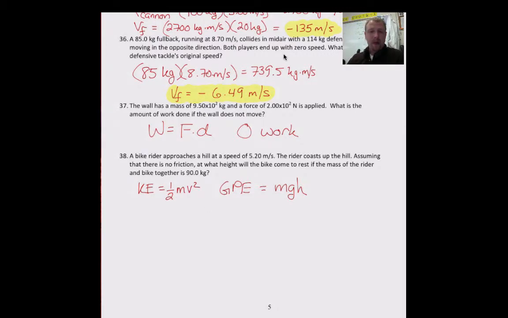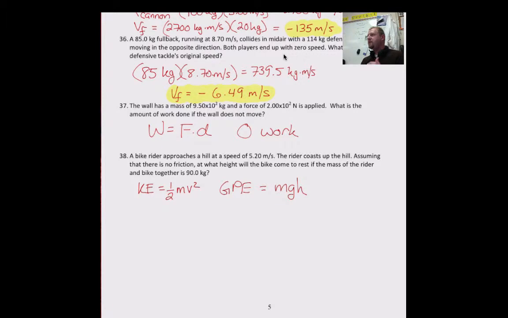Now, it says a bike rider approaches a hill at a speed of 5.20 meters per second and coasts up the hill, which means that they're gaining kinetic energy right up to the point where they come to the hill, and then they let themselves coast up the hill, which means at that point in time, gravity takes over, and it's going to slow them down. Assuming there's no additional friction, which would be very hard to work with, at what height will the bike come to rest?